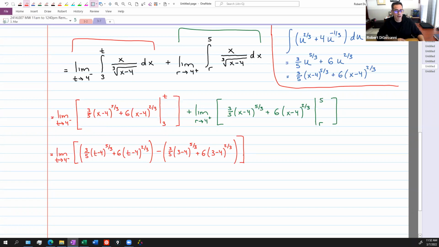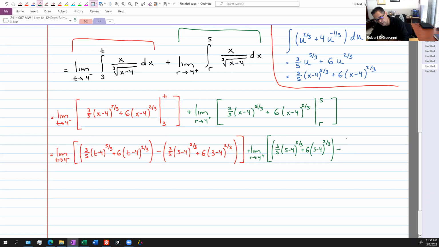Same thing with the green one now. So plus the limit as r goes to 4 from the right. I'm pretty sure I'm going to be tight on space here, but I'll do my best. 3/5 (5 minus 4) to the 5/3 plus 6 (5 minus 4) to the 2/3.